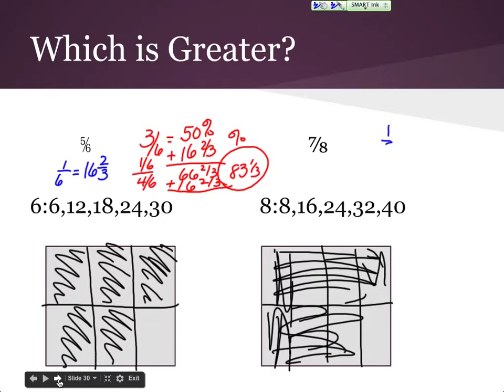So we know that 1/8 is equal to 12.5%. Okay, so you said 4/8, or half of this, is equal to 50%. Okay.